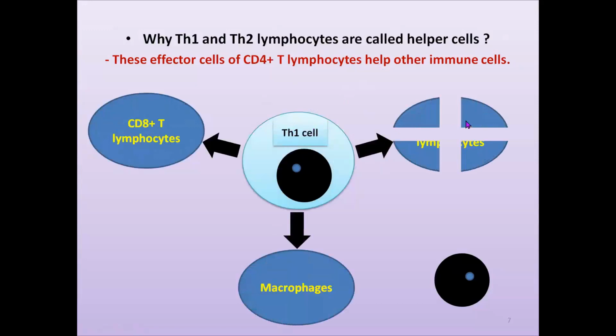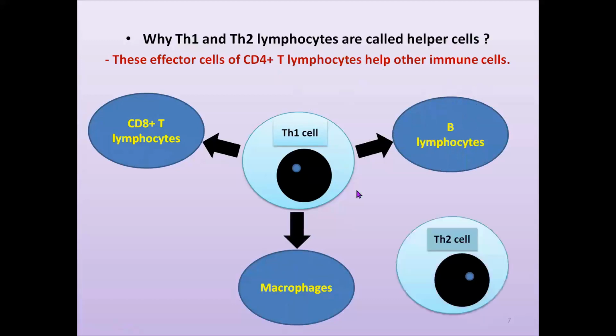Th1 cells help B lymphocytes to become plasma cells. B lymphocytes are also helped by type 2 CD4 positive T cells. So this is the reason why Th1 and Th2 effector cells are known as helper cells.